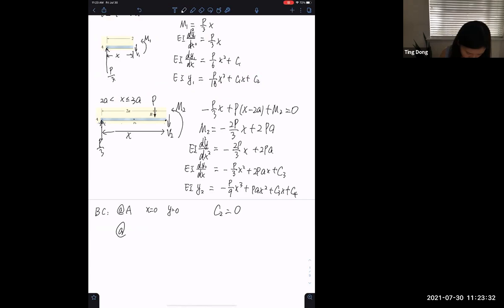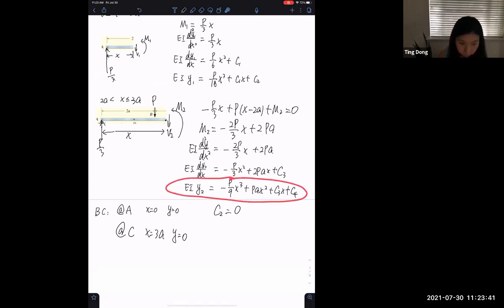And at point C, x equal to 3a, y equal to 0. Now we need to plug in x equal to 3a into this equation and set this equation equal to 0.